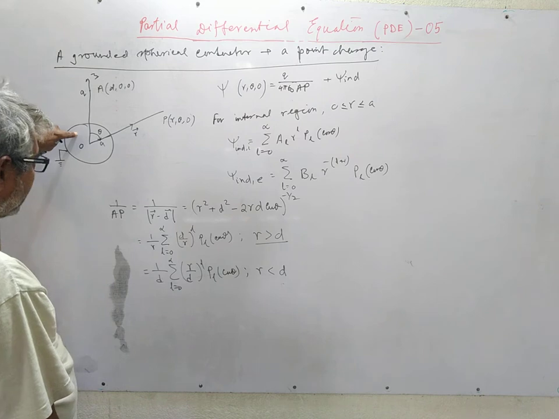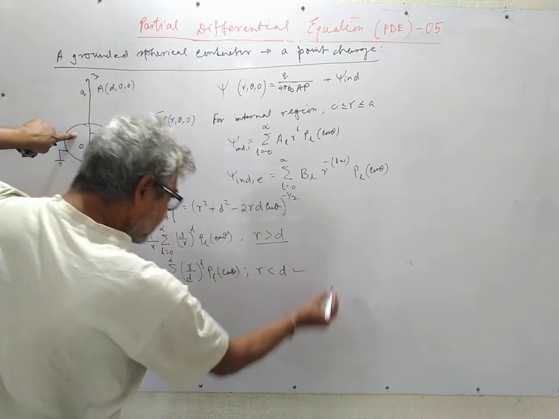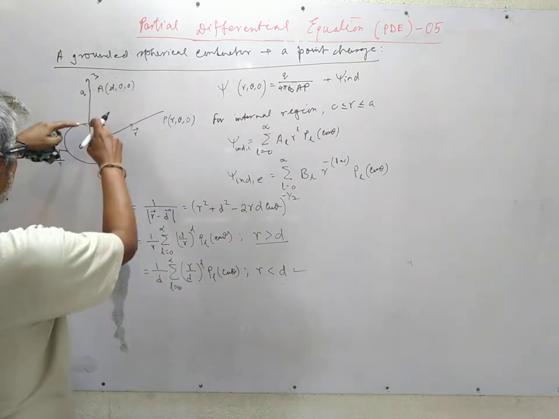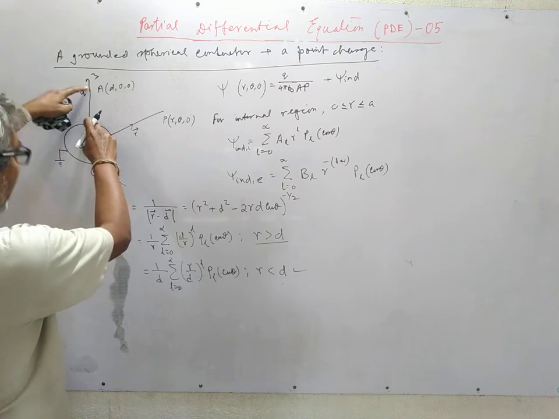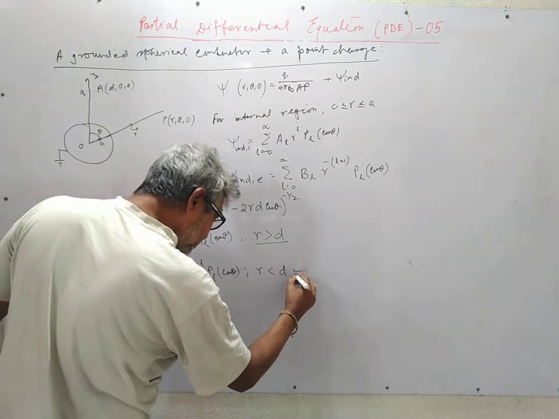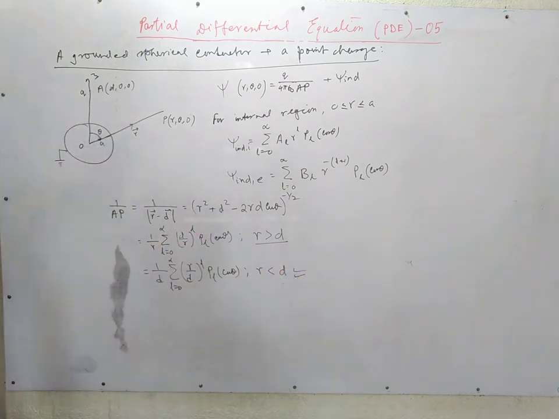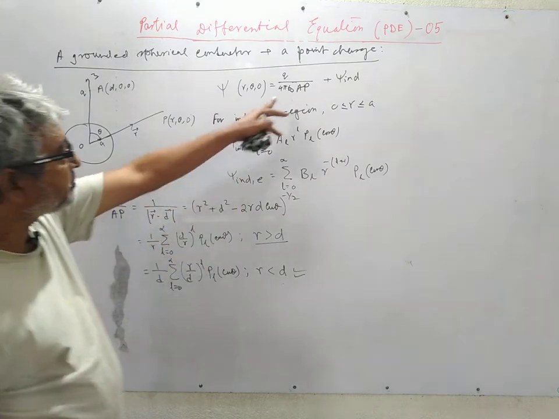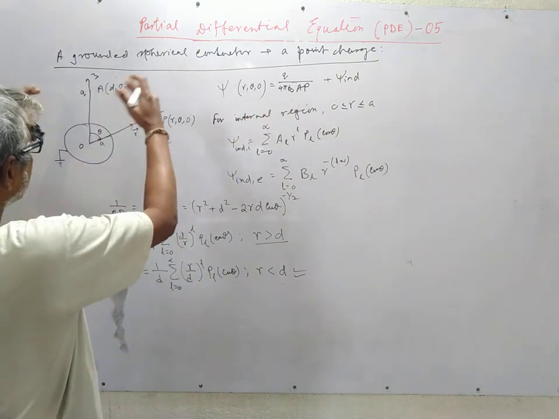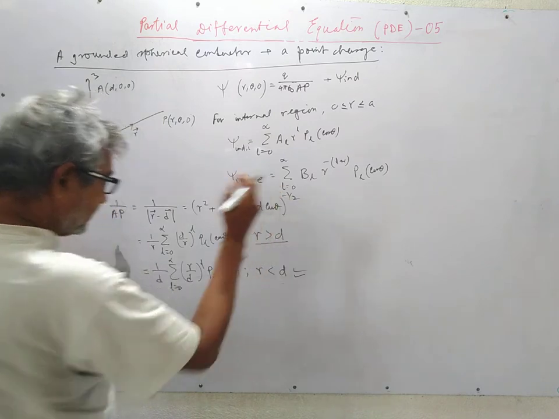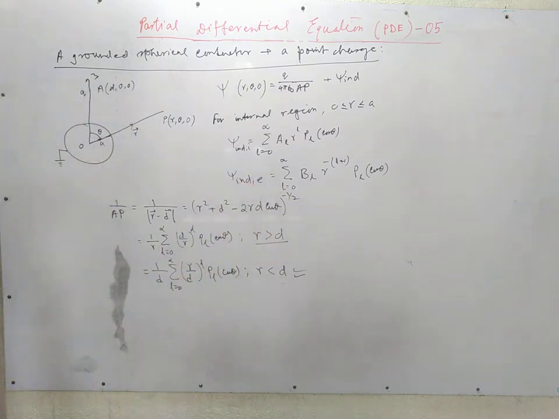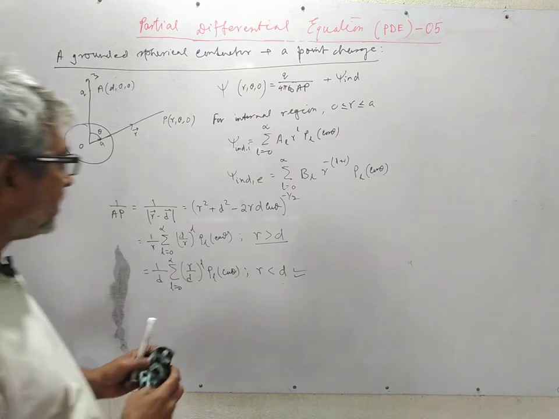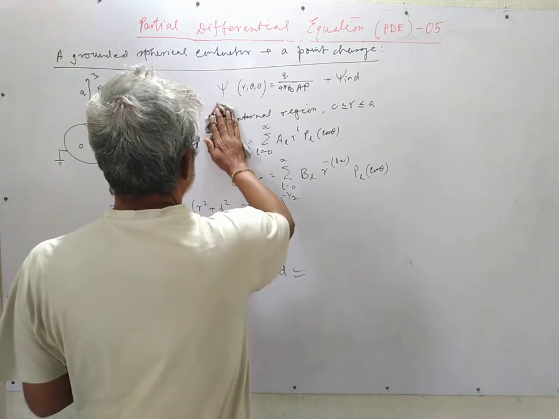One is the region for which the expansion is this, and the other region extends from r equal to a to d. For this region also, this is the expansion of the potential of this part, and for the region having r greater than d, it is this. So the total potential, we write as this.